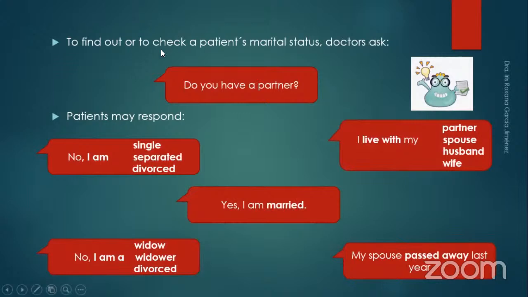To find out or to check the patient's marital status, we as doctors can ask, do you have a partner? Why partner? Why not wife or husband? Because nowadays we all know that not always do you have a wife or husband, you have a partner. Female, female, male, male, doesn't matter.